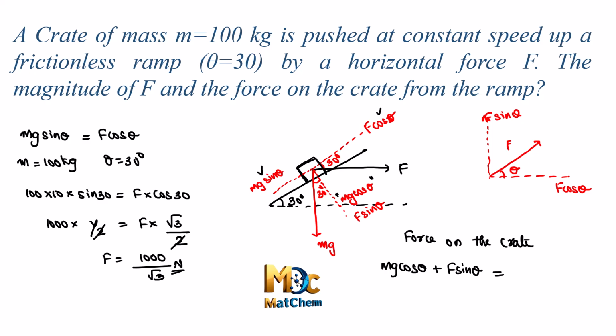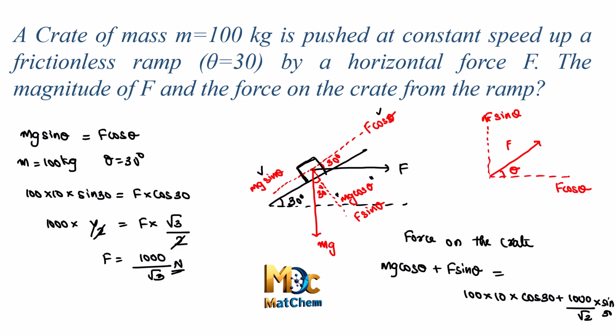So what will you get? That is mg cos theta, where m is 100, so 100 into 10 into cos 30, plus the force, which is 1000 divided by root 3 into sin 30.